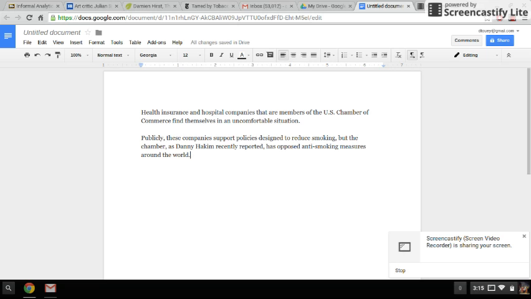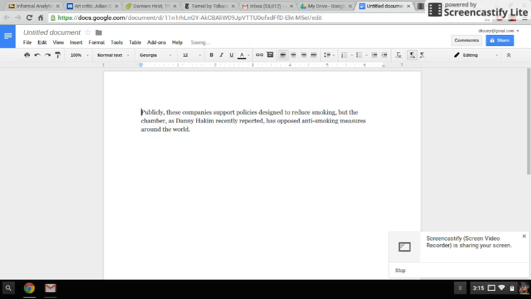So if we, using the magic of word processing, can display or make explicit the inferential structure here by changing the order.